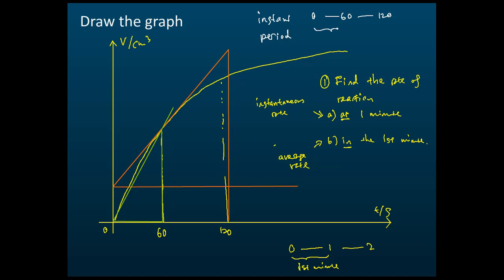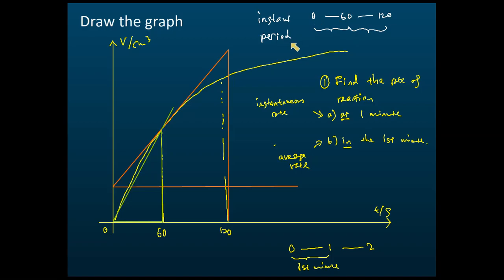From 0 to 60 seconds is a period of time, and 60 to 120 seconds is a period of time. A period is from one time to another time, but exactly at that time is called an instant.